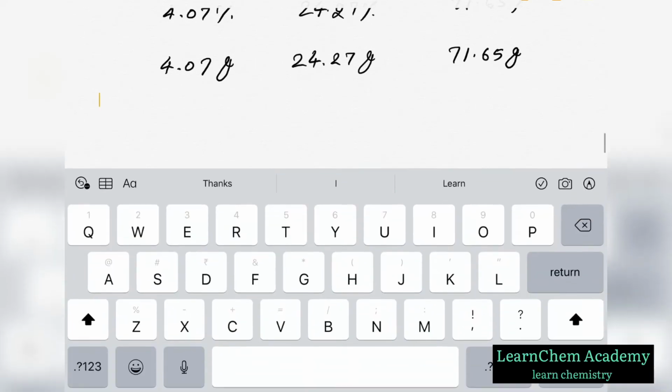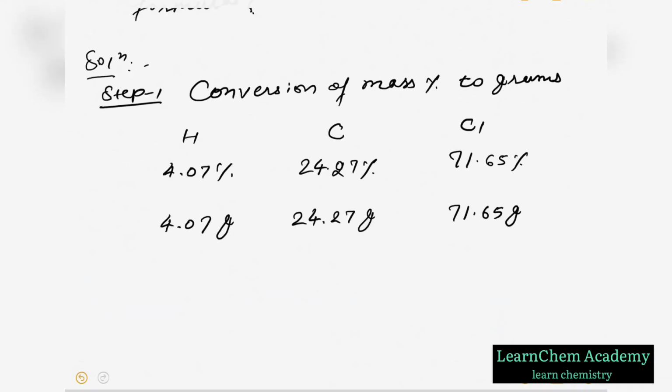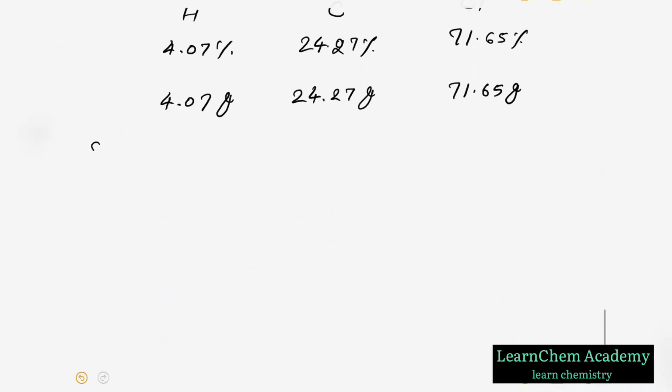Now move to the second step, which is conversion into number of moles of each element.